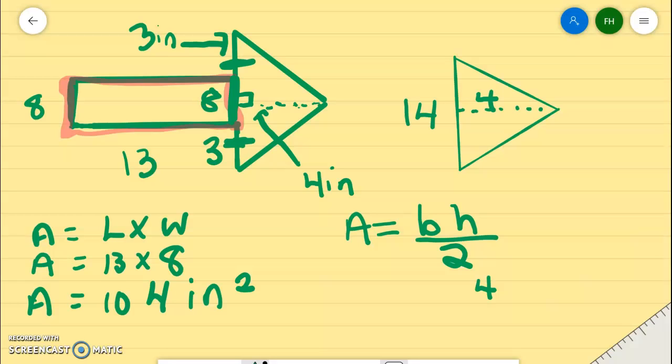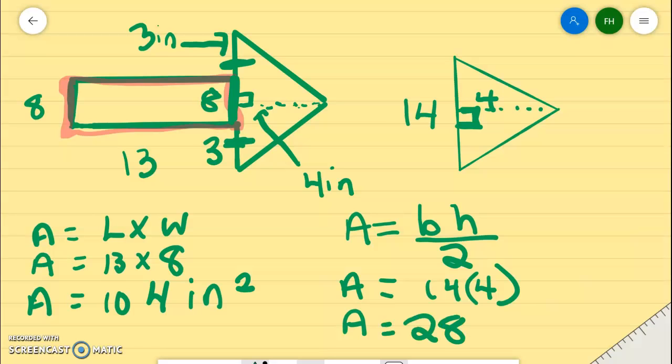So the base, which is the bottom, is 14. It's where that right angle always touches the bottom. So 14 times 4 is 56, and 56 divided by 2 would be 28.